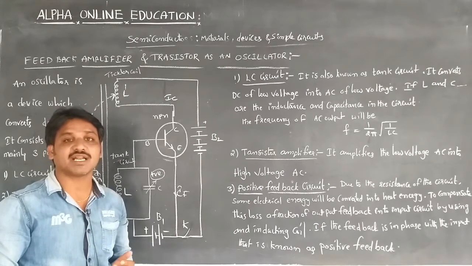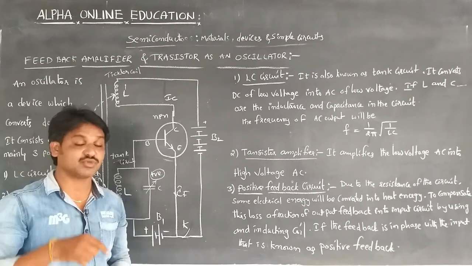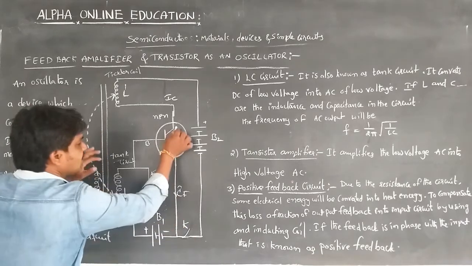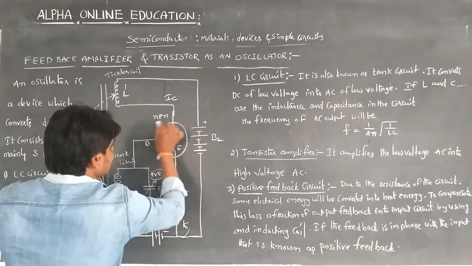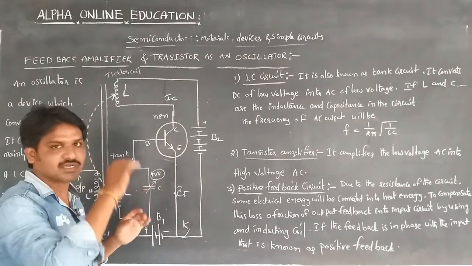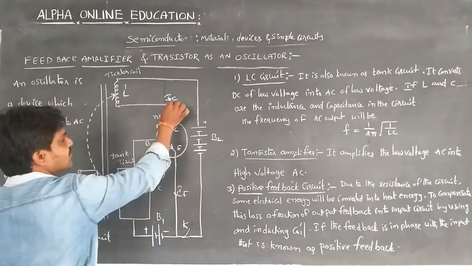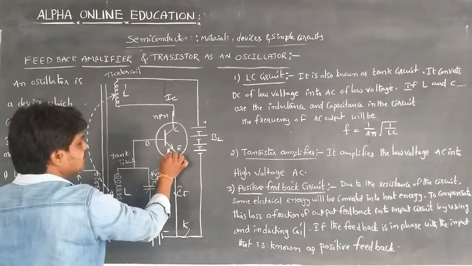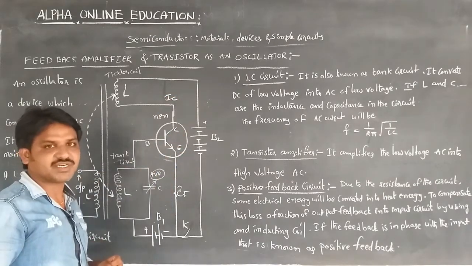When the collector current becomes maximum, the transistor comes to the saturated state.